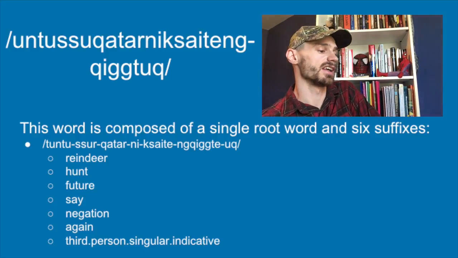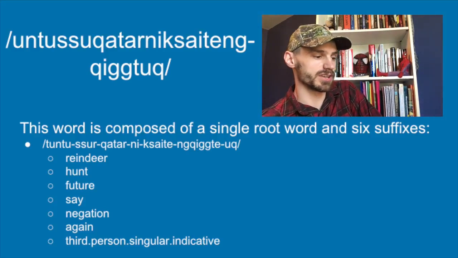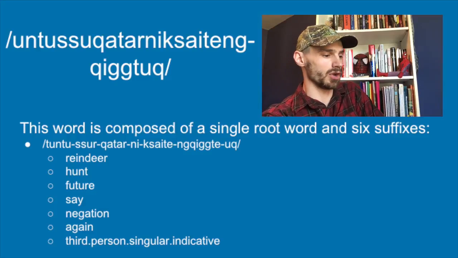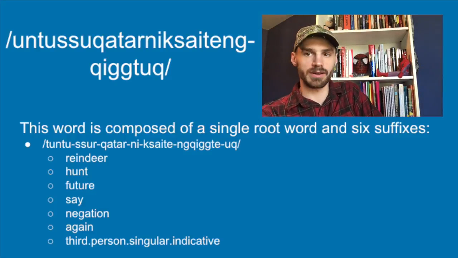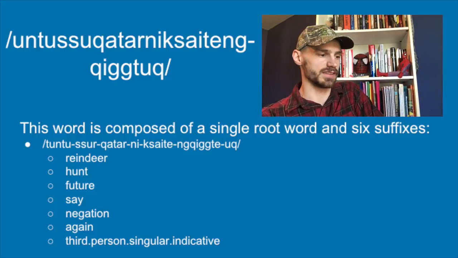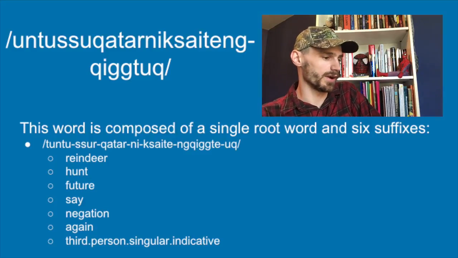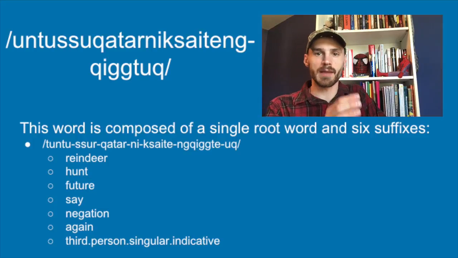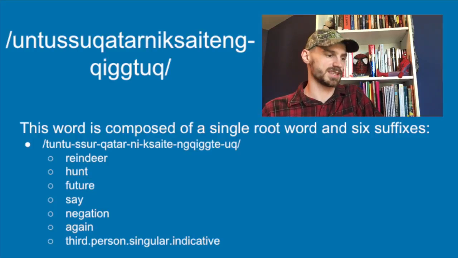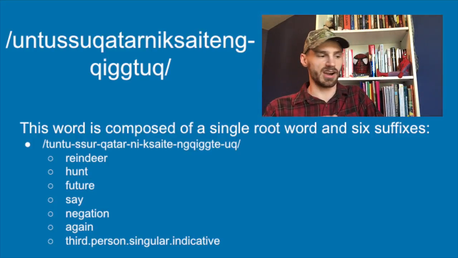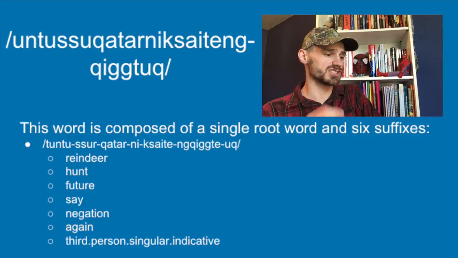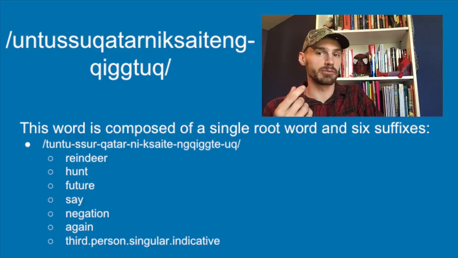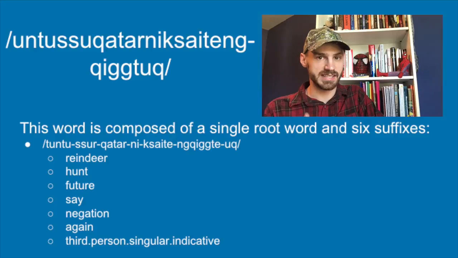But you can see here the root word is reindeer, and then I have listed below each one of the morphemes that is included in this word. And here, where I have the dashes in between the words, those dashes are separating the individual morphemes, and their meanings are listed below. Starting with reindeer, which apparently is the only standalone root word in this whole sentence.